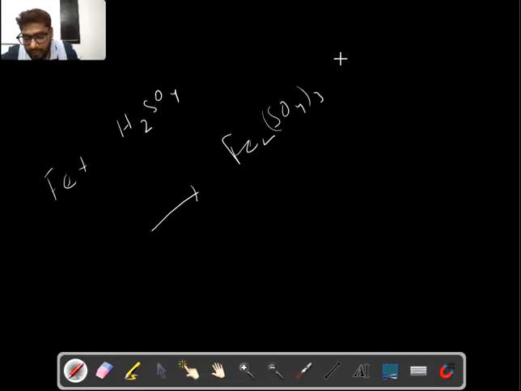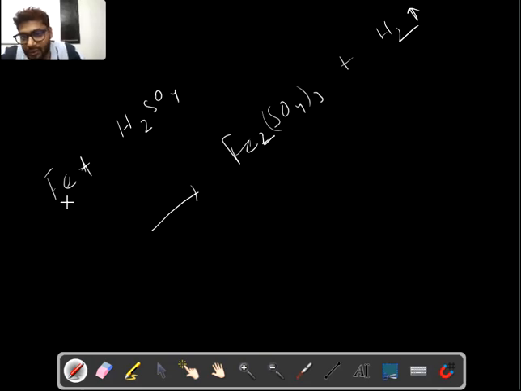Fe plus H2SO4 gives Fe2(SO4)3 plus H2. This is a very important reaction. You can see the iron is reacting with sulfuric acid, and the salt is formed and hydrogen gas is released in the reaction. So we need to balance it.